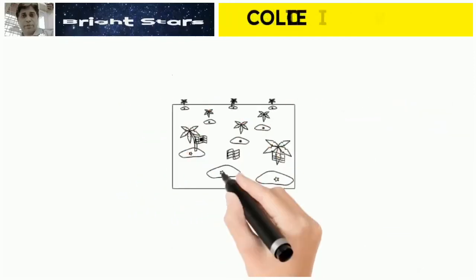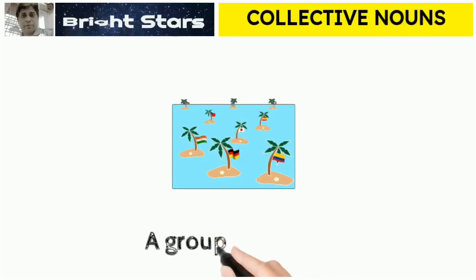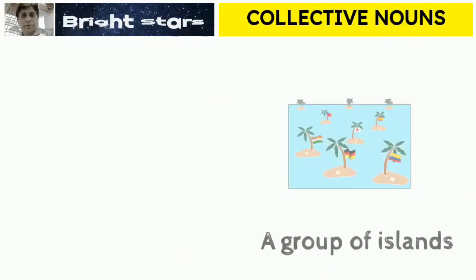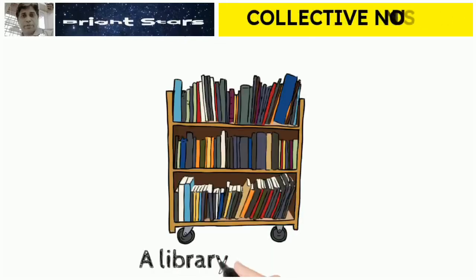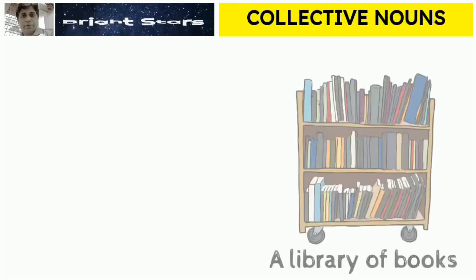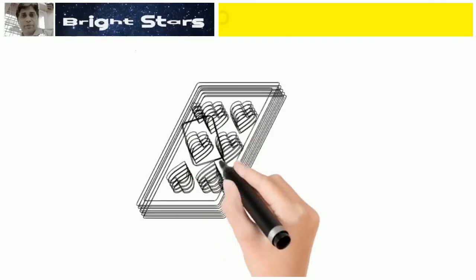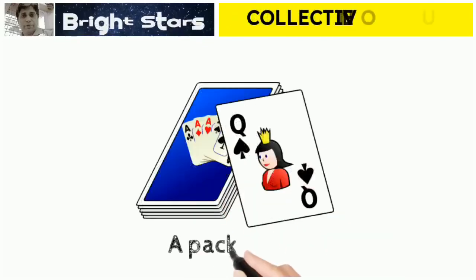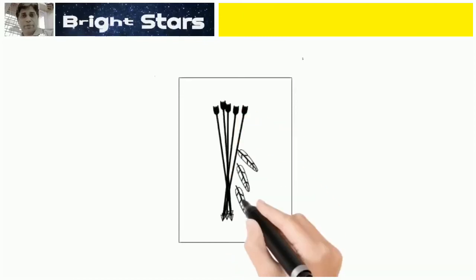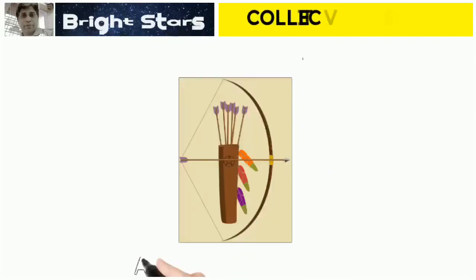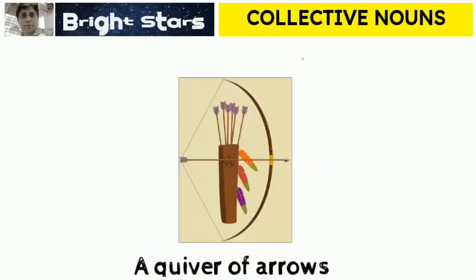So here a group of islands. So many books arranged, a library of books. If cards are there, a pack of cards. Next one is arrows, a quiver of arrows.